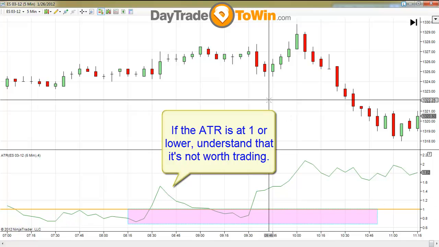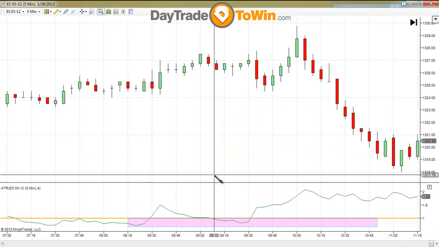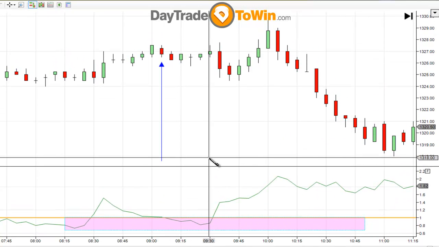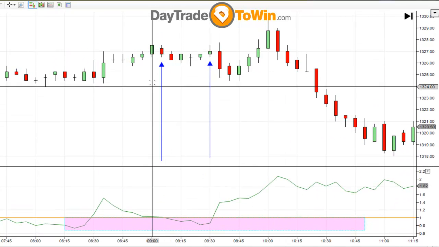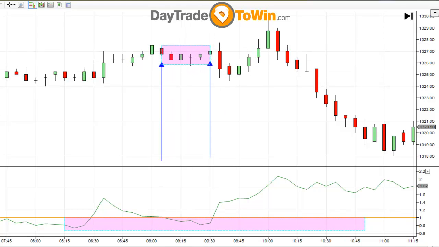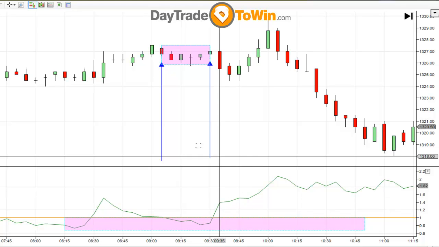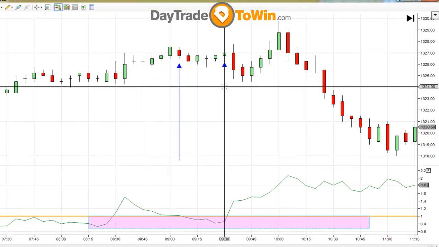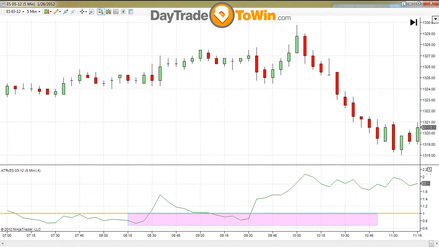As a matter of fact, if you look here, when it did fall below 1, what do you have? You have whipsaw, red, green, red, green. A channel, a tightening up of the market. It's not worth trading. It's not worth risking. In any market you look at, there are extreme lows, and extreme highs as well.